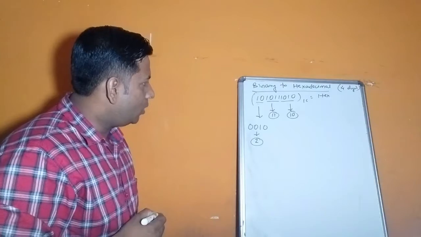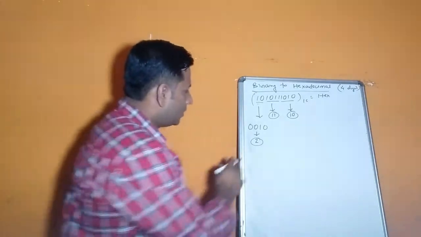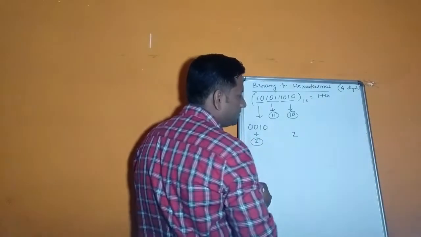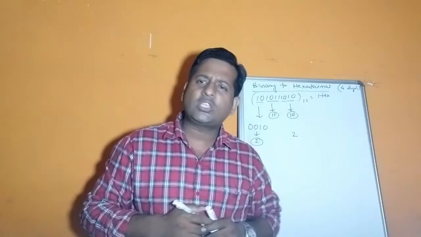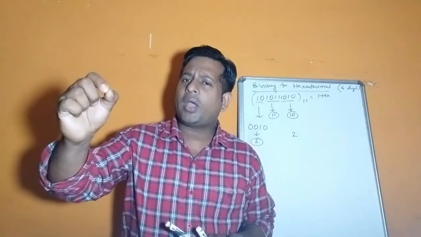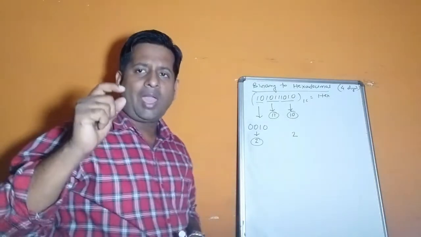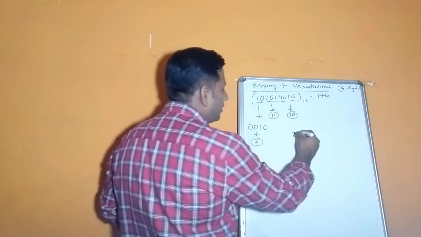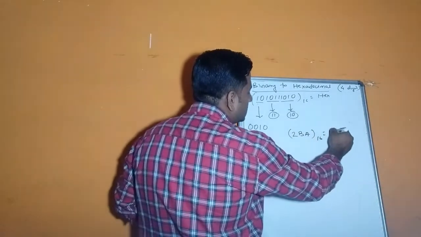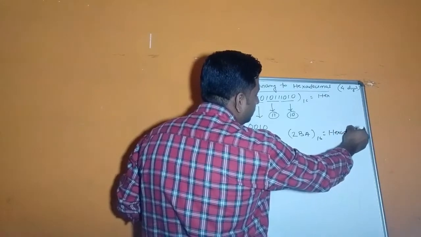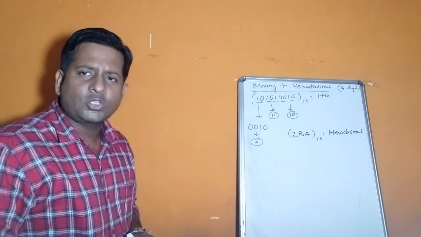Now, if you represent it in hexadecimal format, 2 will be there, no problem. For 11, going back to the logic of hexadecimal, you have 0 to 9, then A to F. That means 10 is actually A and 11 is B. So 11 we represent by B and 10 as A. So this is the answer. Clear children? Understood this part?